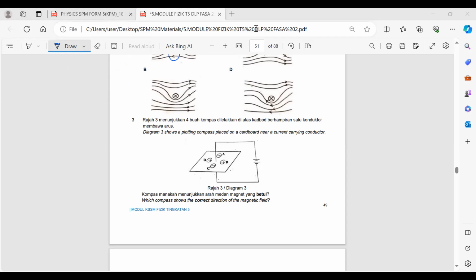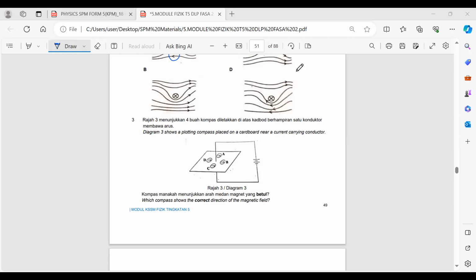Okay, check. Kaif, how are you? Sharmila, Denmark. Kaif, question 3, huh? Which compass shows the correct direction of the magnetic field?